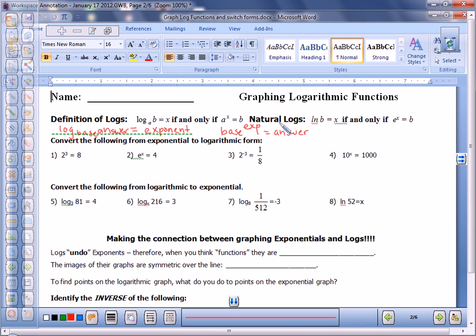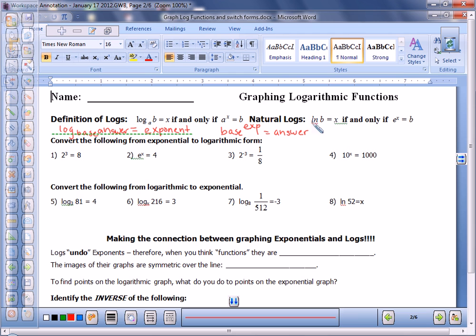Okay, and then when we have natural logs. Natural logs are just like using e. When we talked about e as the natural number, well, when we take a logarithm of base e, then we have a natural log. So this is natural log of b equals x if and only if e to the x equals b.